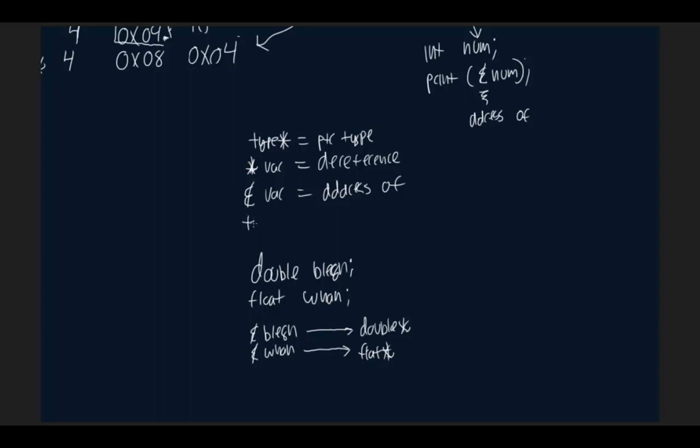If you do a type followed by an ampersand, this is called a reference type. A reference type is very similar to a pointer, but it has more limitations. So I just want to point this out, if you guys are reading C++ code and you see this, this is C++ only.